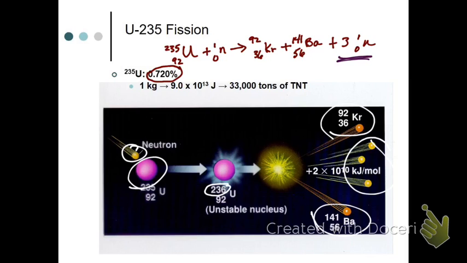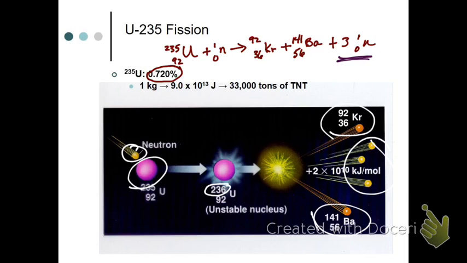Since 1 neutron is absorbed and 3 neutrons are produced, the 3 neutrons that are produced can go on and induce fission in other uranium nuclei, and this becomes a geometric process that the chain reaction that results can lead to a lot of energy. And that's something that we'll talk about a little bit later on in another video.